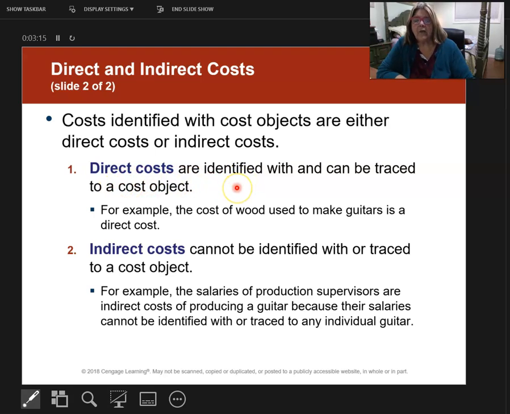Direct costs are directly identified to an item or a cost object. For example, if the guitars in this story were my cost objects, the direct cost would be the cost of the wood and any other major material that it takes to make that. So a direct cost can be identified and traced straight to a cost object, whereas indirect costs cannot be identified to a particular cost object.